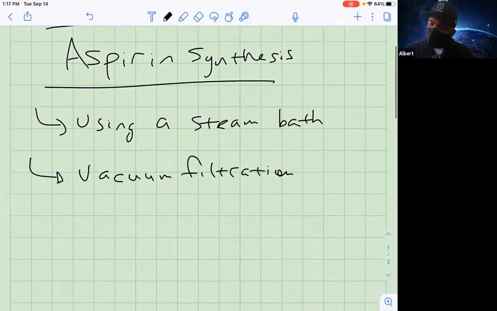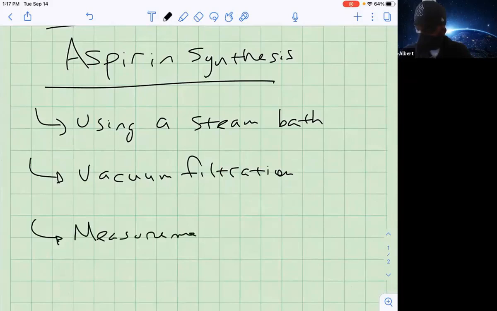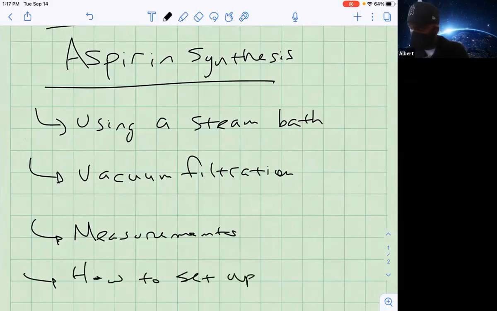We're going to learn about different measurements, and the most important thing, how to set up a synthesis.